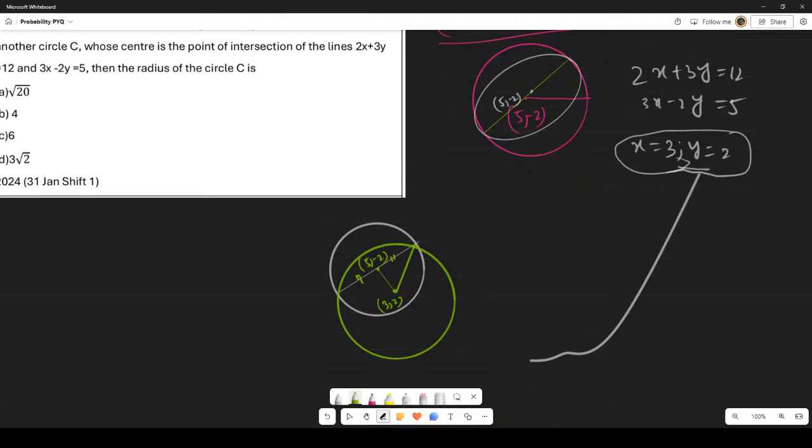But sir, it is coming 4 only. No. Radius. Let me do. What about this distance? Root 20. 4 square plus 2 square, root 20.